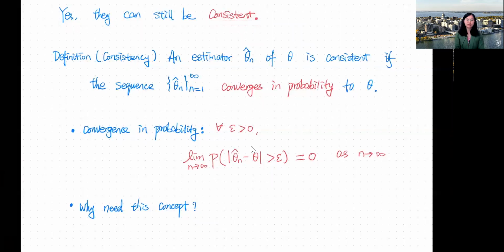So what is consistency? The definition of consistency is as follows.